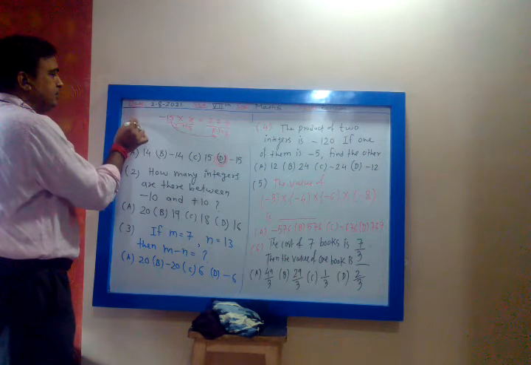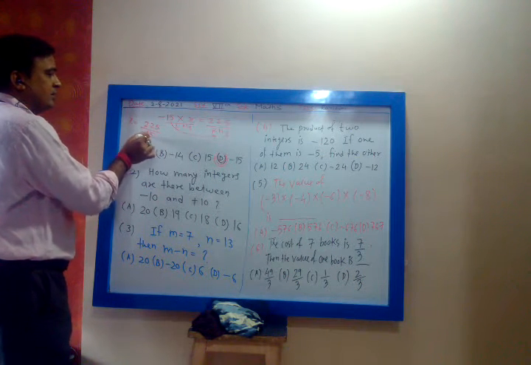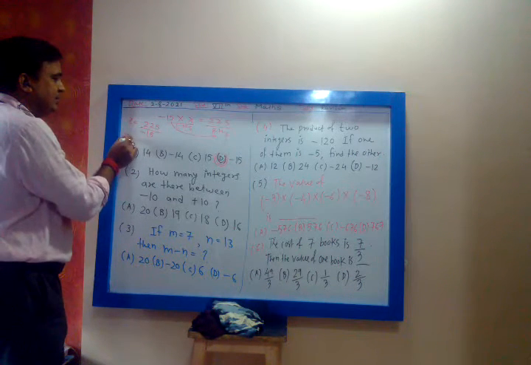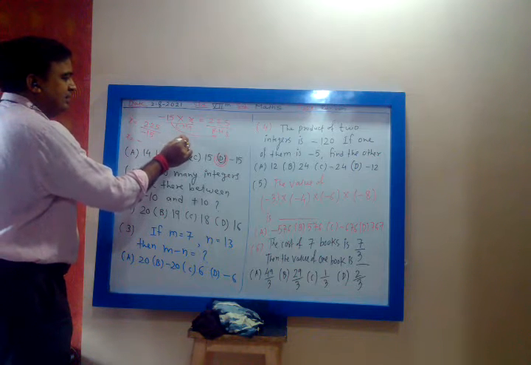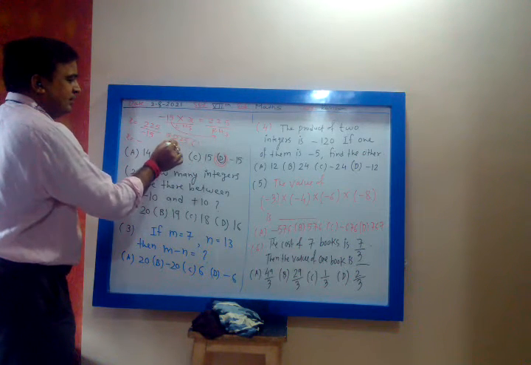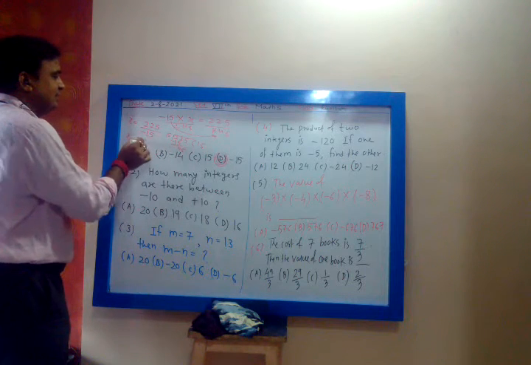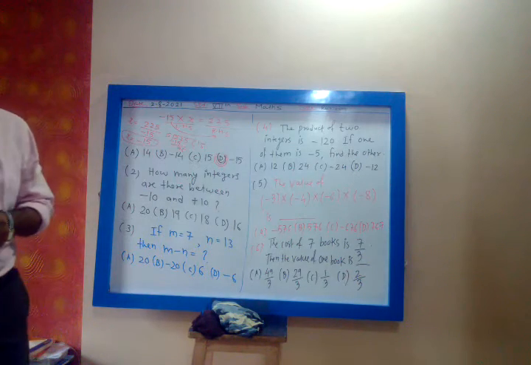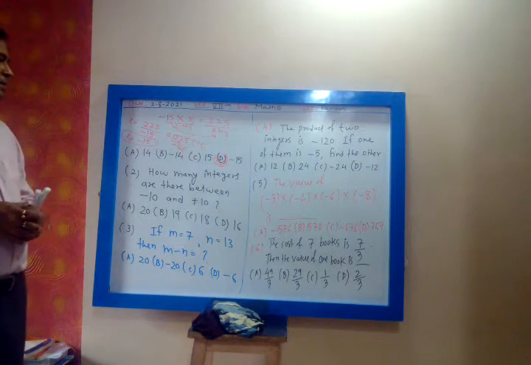So x will be 225 upon minus 15. Plus upon minus, the answer will be negative. 225 divided by 15: 15 ones are 15, then it is 75, 15 fives are 75. The answer is minus 15. So D is the correct answer, minus 15, for the first.